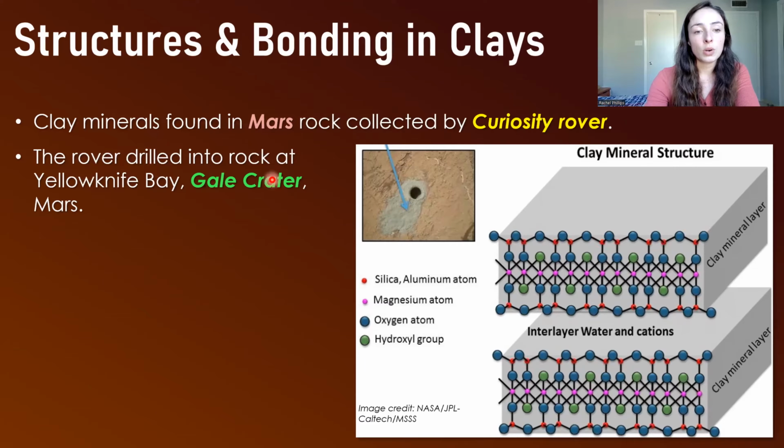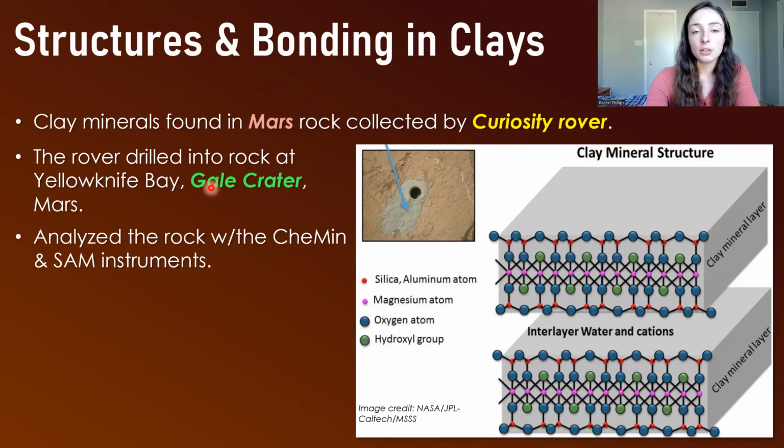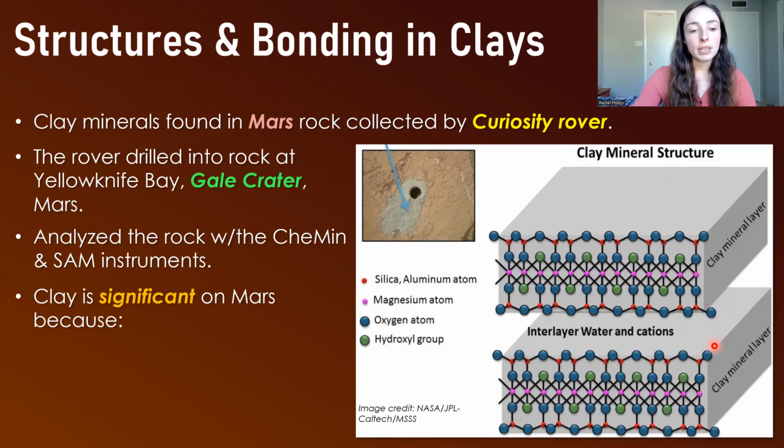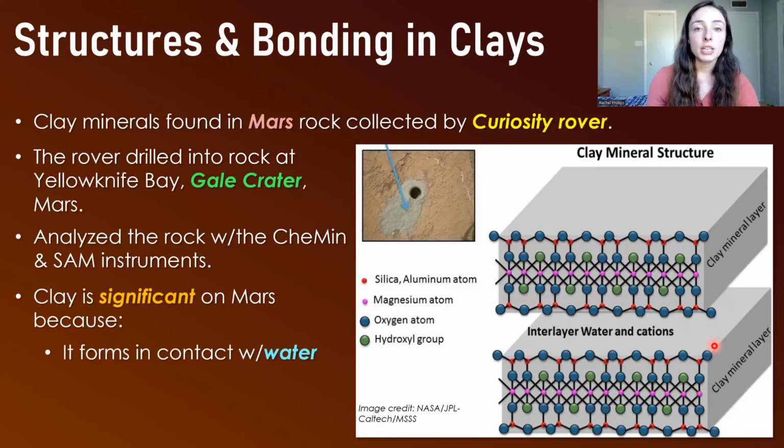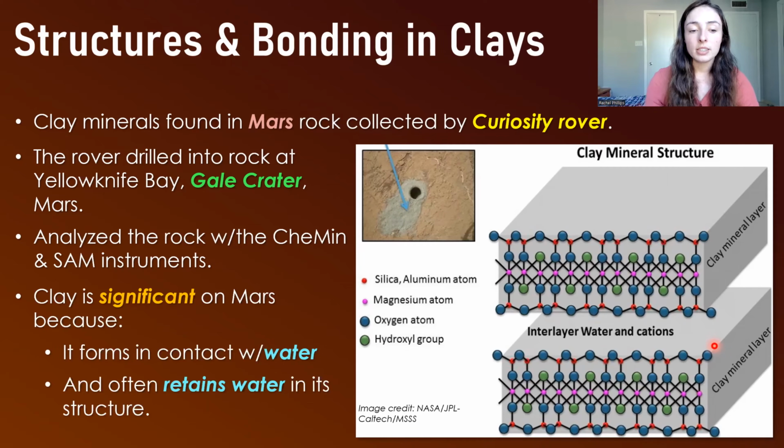Basically, the rover drilled into rock in Gale Crater on Mars, and it was analyzed by the instruments on the rover, and basically they were able to conclude that it was very similar to the layered phyllosilicate, aluminosilicate type clays that we have here on Earth, which is really significant because it means that it had to have formed in contact with water, and it may even retain some water in its structure, like we just talked about with the interlayer water and cations that can be in the interlayers. So that's really interesting and cool.